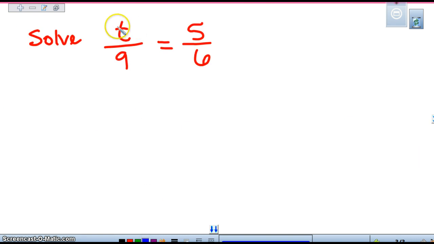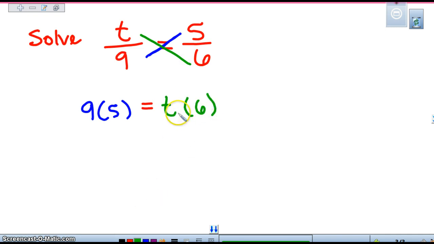If we need to solve t over 9 equals 5 over 6, it is set up like a proportion. What we're going to do here is use cross products. Cross products means that when we multiply 9 times 5, that's going to be equal to t times 6. 9 times 5 is 45.